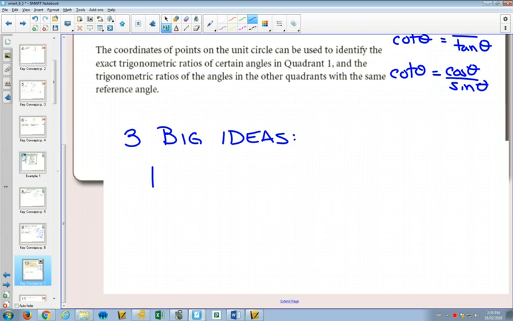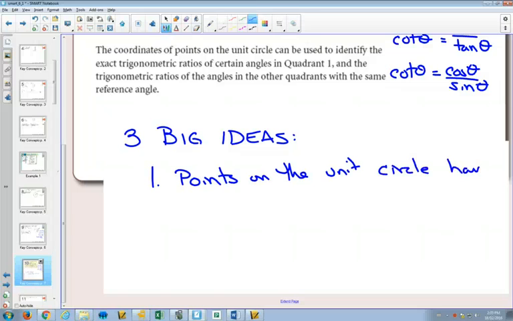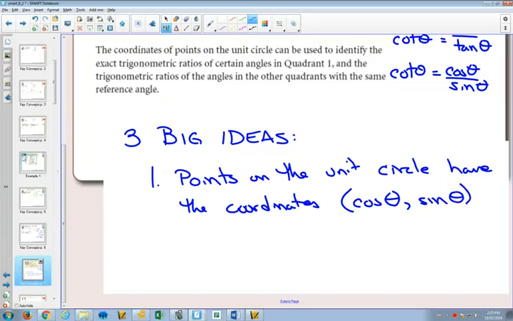The first big idea that we saw today was that points on the unit circle have the coordinates cos theta comma sine theta. So we're going to remember that our x coordinate on our unit circle is cos theta and our y coordinate on our unit circle is sine theta.